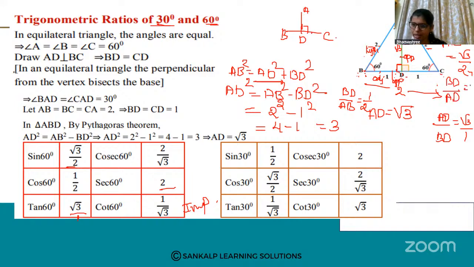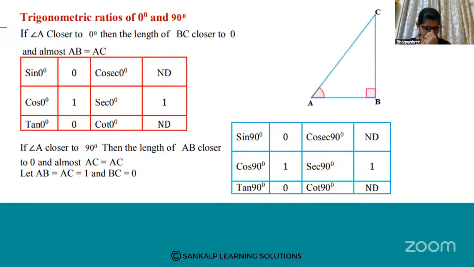BD value is 1 divided by root 3. So this is tan 30 degree. Next, the reverse of sin 30 is 2, this is cosec 30 degree. Sec 30 degree is 2 by root 3. Cot 30 degree is root 3. So this chart is also very, very important. Right? Next one.